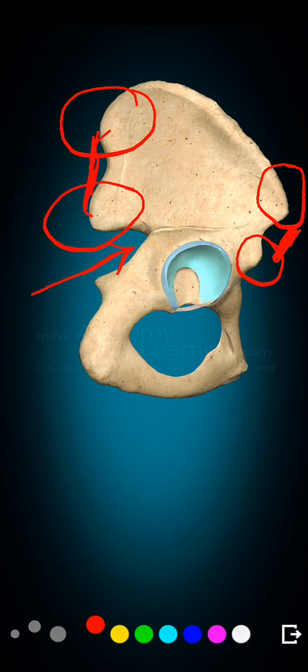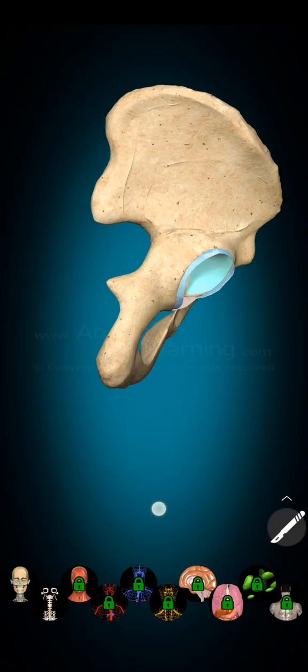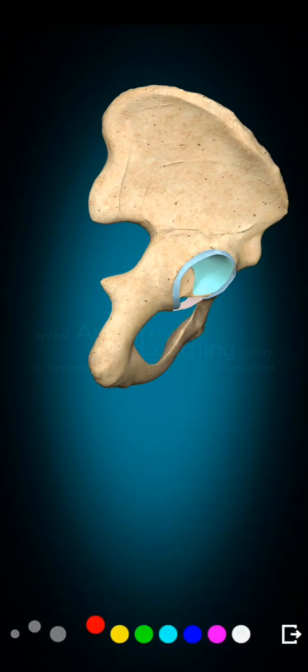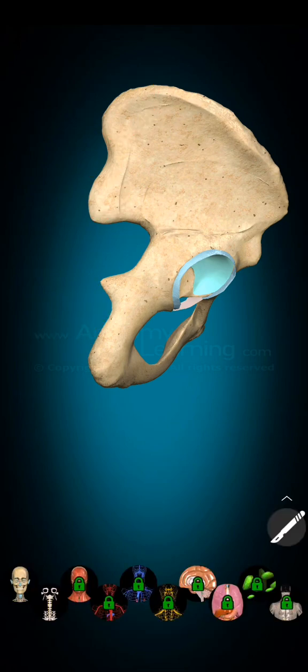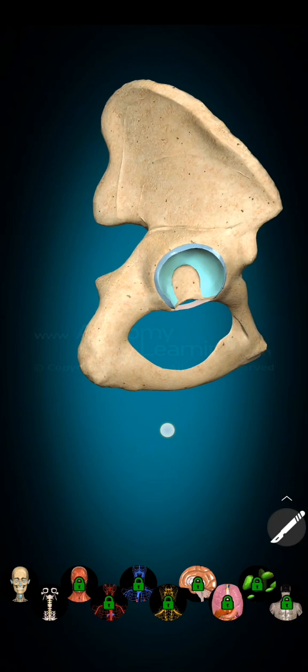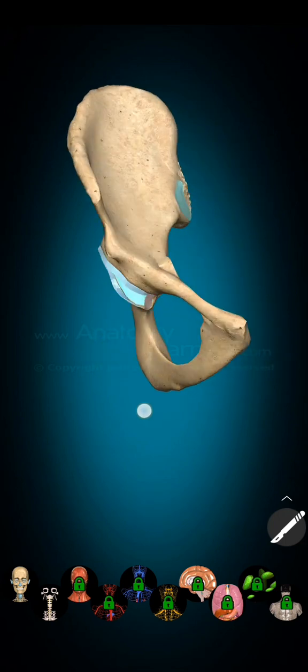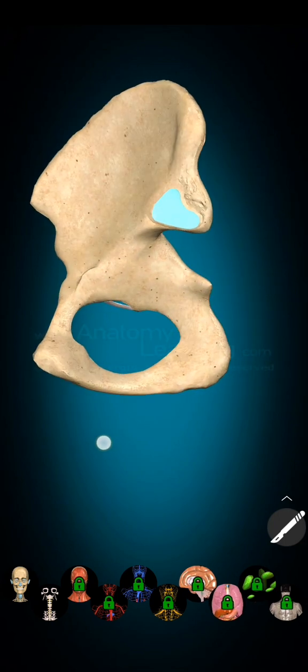This is the greater sciatic notch, and here we could see the ischial spine, and below it the lesser sciatic notch. So let me tell you again: in this posterior border we have the posterior superior iliac spine, posterior inferior iliac spine, greater sciatic notch, ischial spine, lesser sciatic notch. Then we have the obturator foramen and ischial tuberosity.